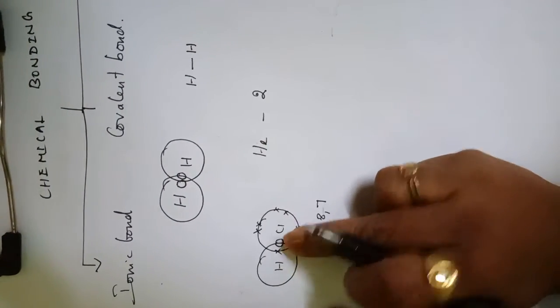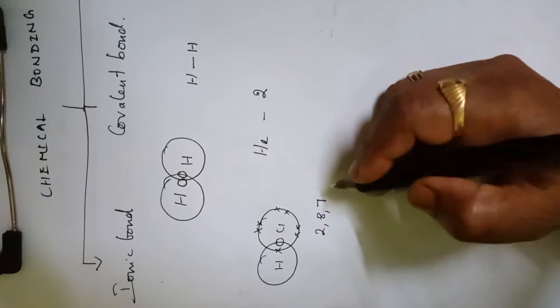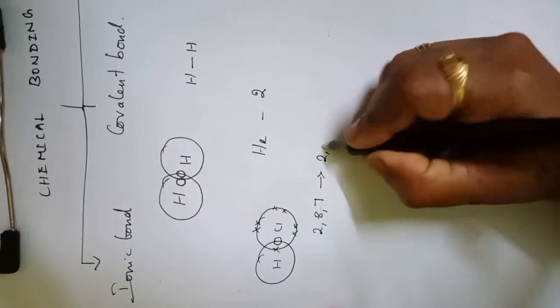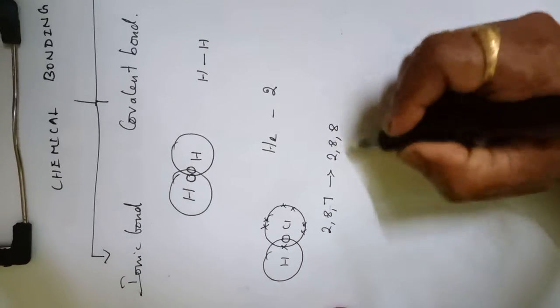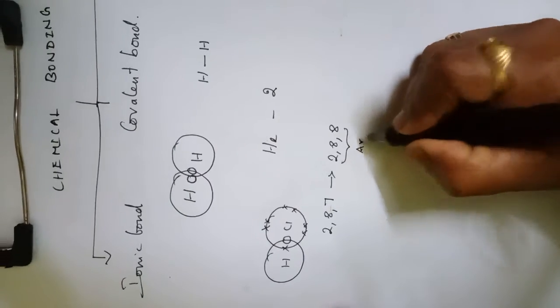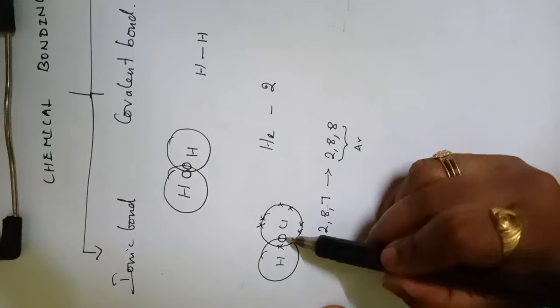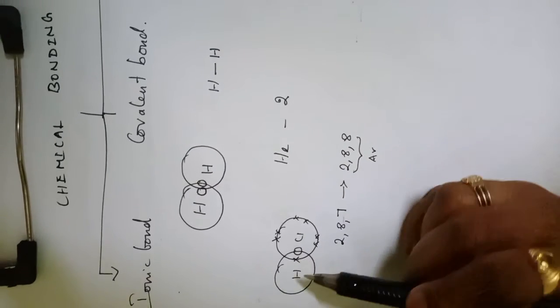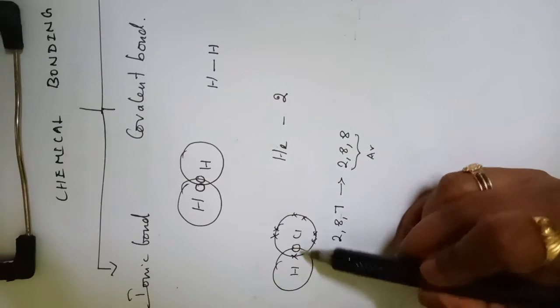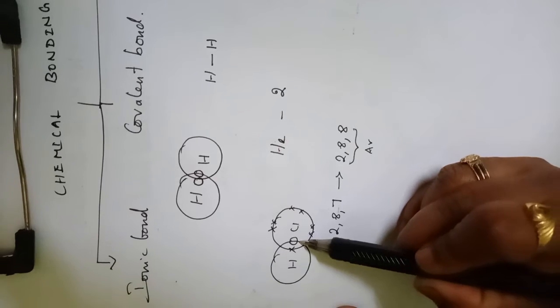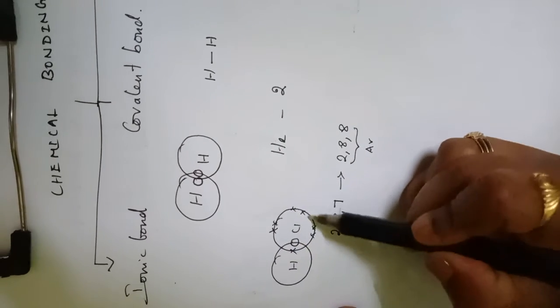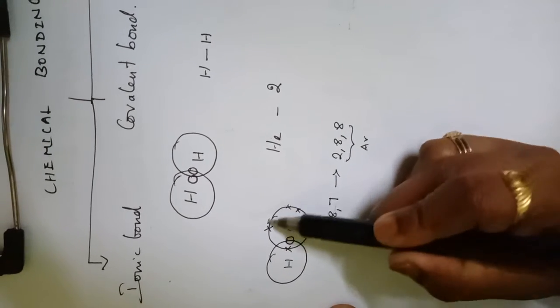This needs one more to become octet so that it attains the electronic configuration of argon. So chlorine needs one, so it shares one. By sharing one, it gains from hydrogen 1, so that this has 8 electrons in the outermost shell.